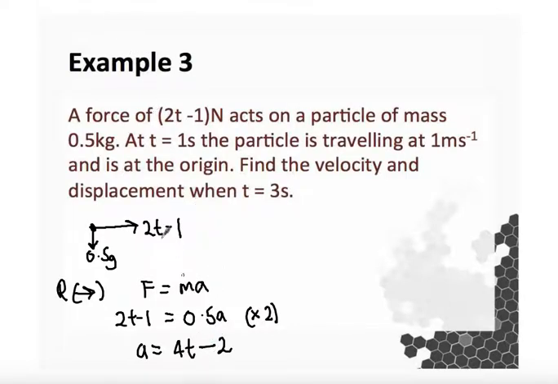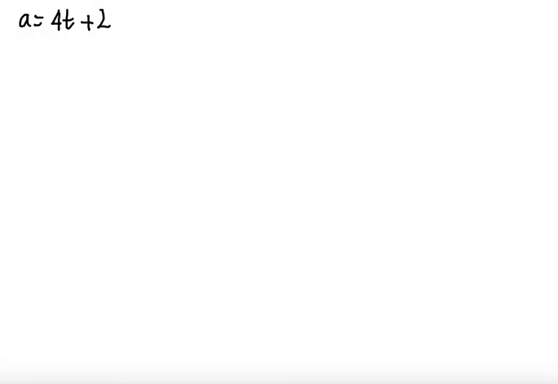My mistake there. At time t equals 1, the velocity is 1 and the displacement is 0. So let's just correct this so that it is in fact a minus. So at t equals 1, the velocity was 1 and the displacement s equals 0 since it's at the origin.